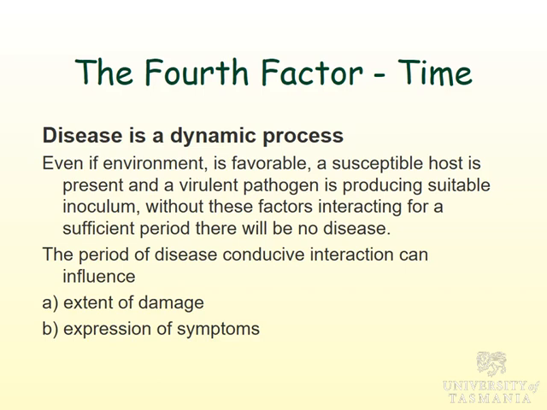So you might have leaf wetness, you've got the conducive environment, you've got the pathogen already sitting on the leaf, you've got a susceptible host, the apple, but infection will only occur if time is long enough for it to germinate and penetrate. So if in that 12 hours you get wind blowing through and a bit more warmth and that surface moisture evaporates, no infection will occur, so no disease. So you need these three factors, but you also need sufficient time to actually allow that interaction to occur.